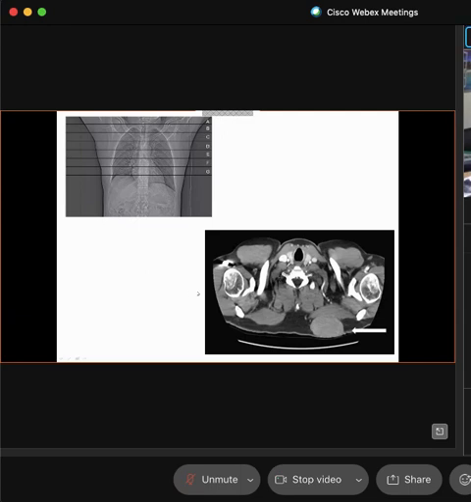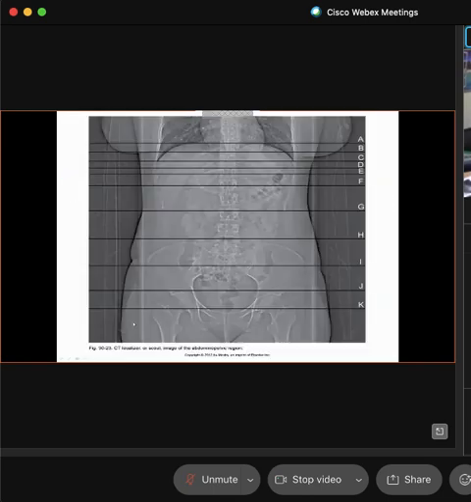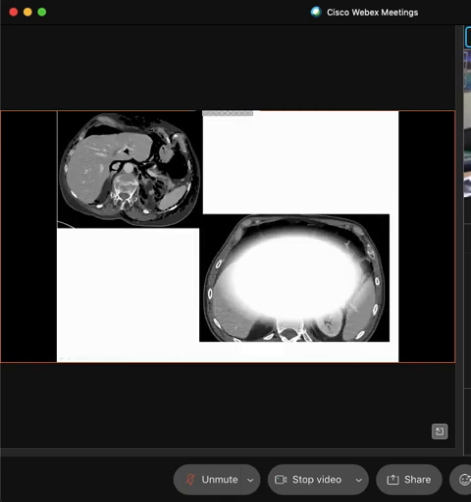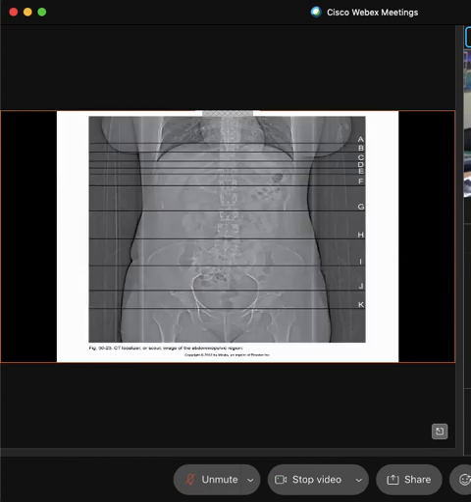So what would lung look like? Let me see if I have an image. No, let me go back and find an image.